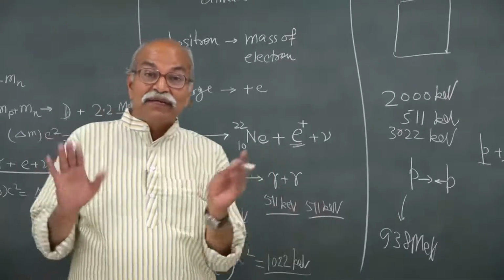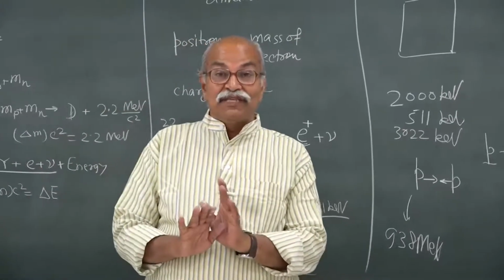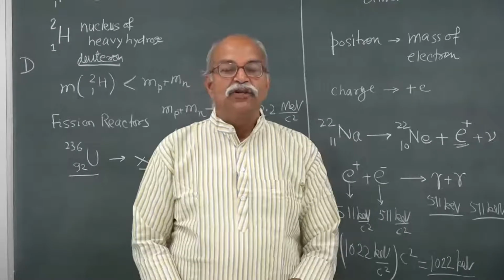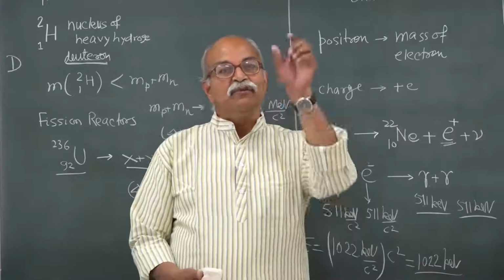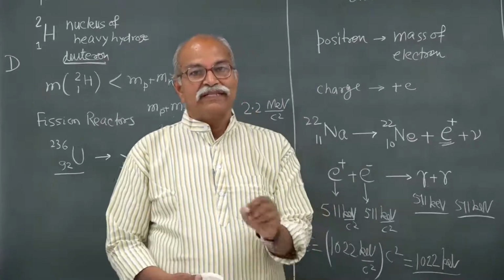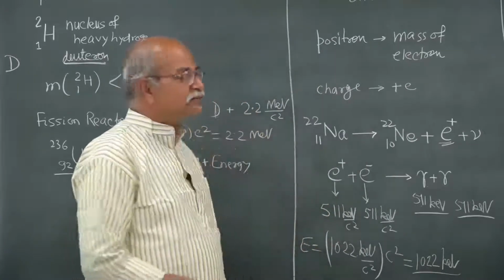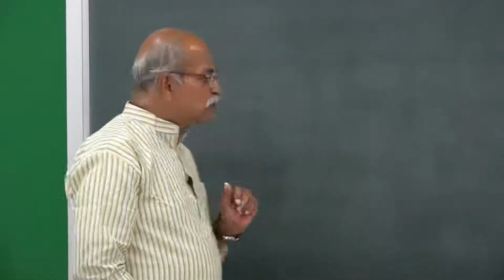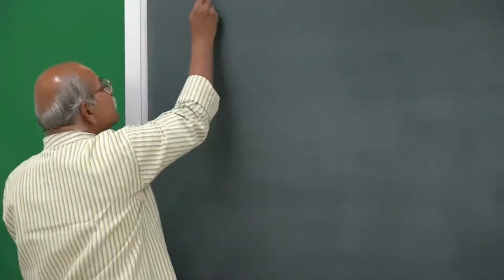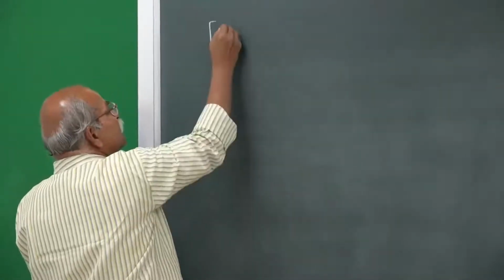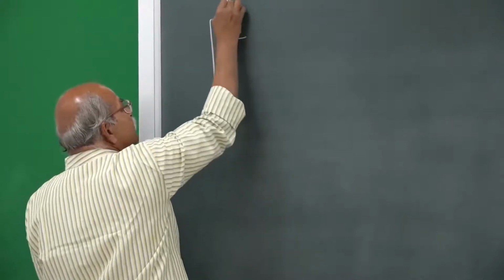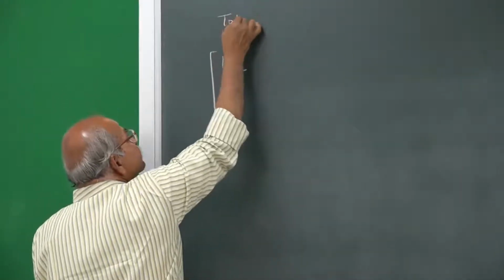So, that is the interpretation of that famous equation E equal to mc square that you should keep in mind. Now, let me return to energy momentum 4 vectors. Let us have some more discussion on that. So, the energy momentum 4 vector, you remember we write it as E by c, and this E is the total energy.